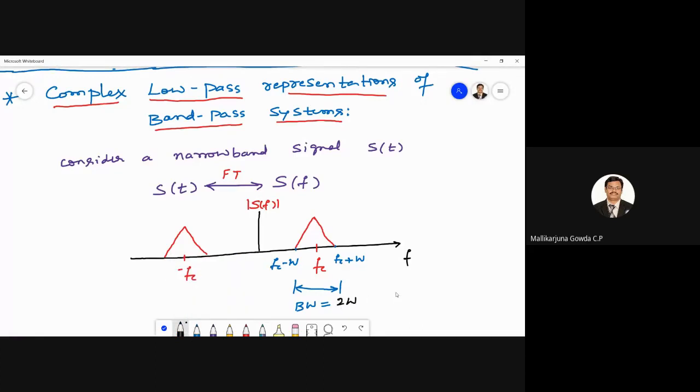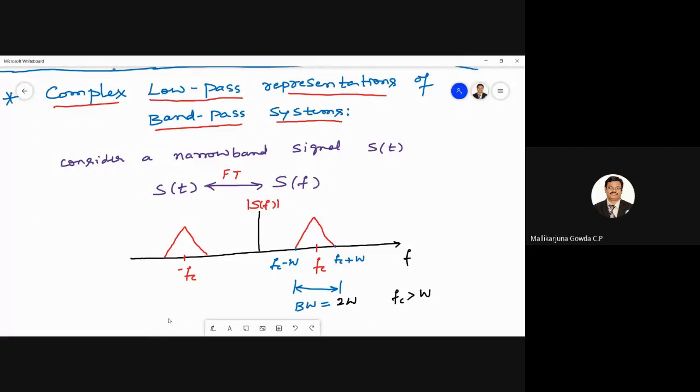And the carrier frequency, usually for a bandpass signal, will be much higher than the signal frequency. So Fc will be greater than W.